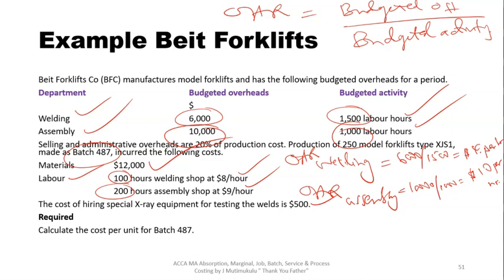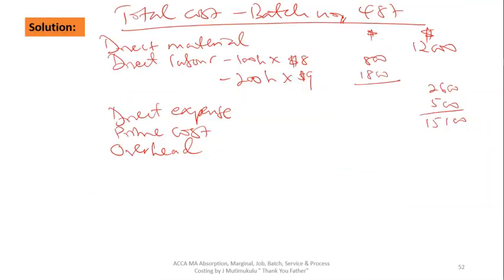We are also told that the welding shop overhead absorption rate was $4 and the overhead absorption rate for the assembly was $10. We determined that.